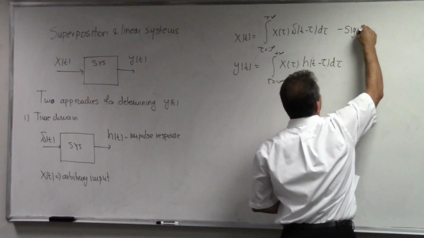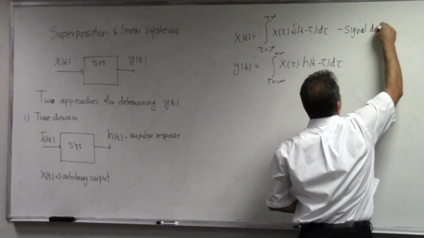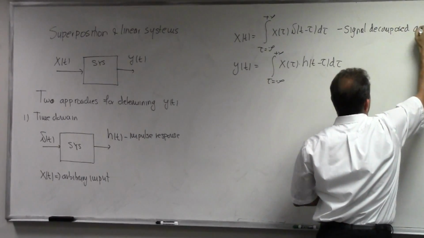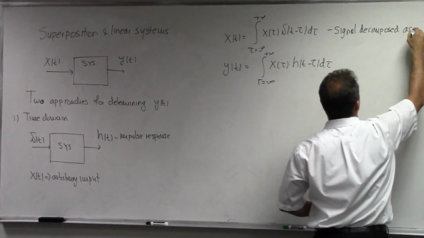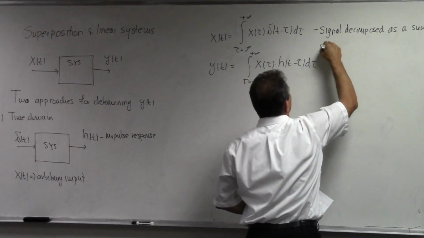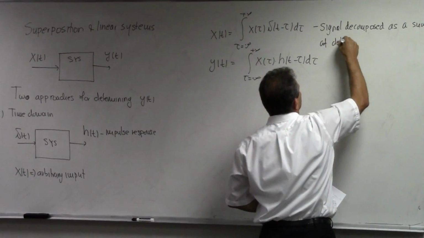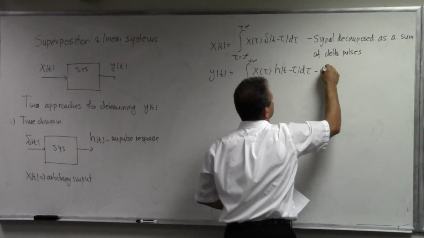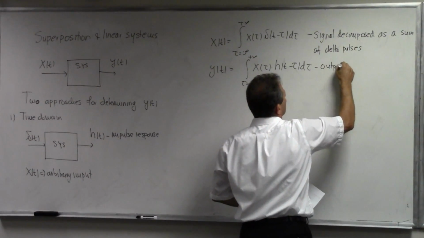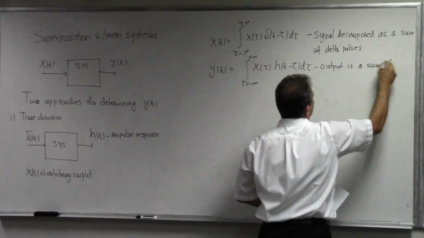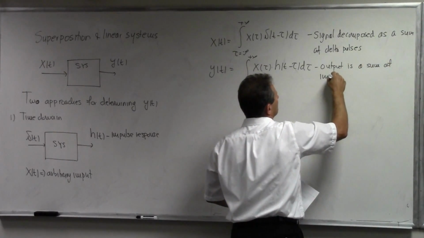Signal decomposed as a sum of delta pulses. Then your output is a sum of impulse responses.